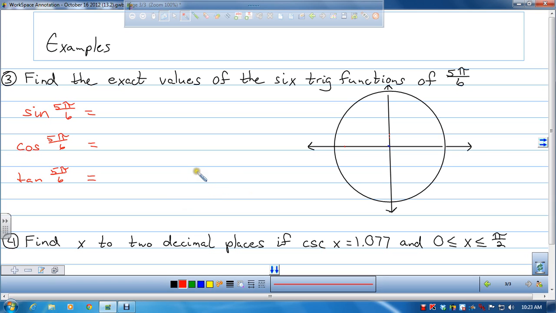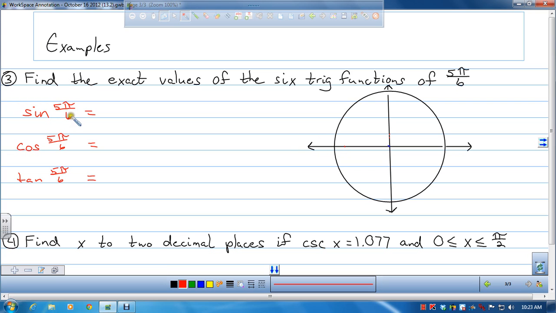So now let's find the exact values of the 6 trig functions of 5 pi over 6. Now when we say exact values, that means that these must fall on one of my special triangles. Okay? So here's what I want to do. All the way around here is pi, right?